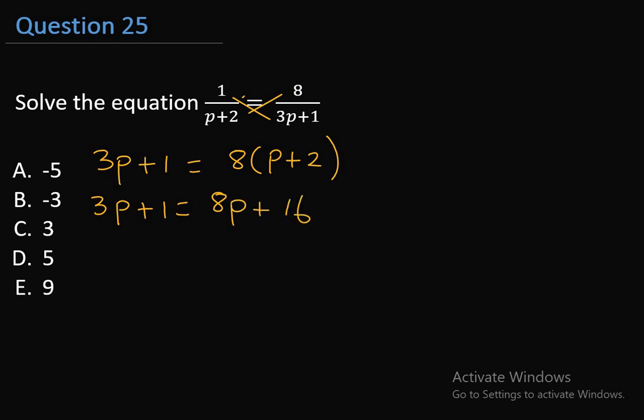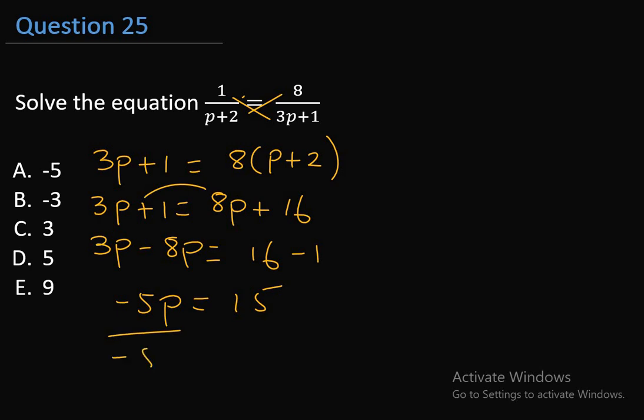Collect like terms. So bring 8p here. You have 3p minus 8p equal to 16. Move plus 1 to the right, minus 1. This will give us minus 5p equal to 16 minus 1, 15.